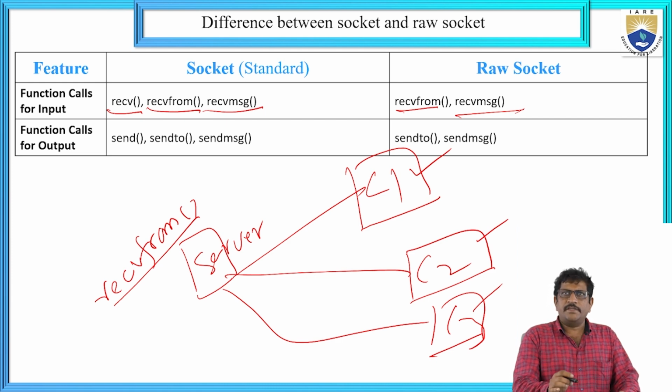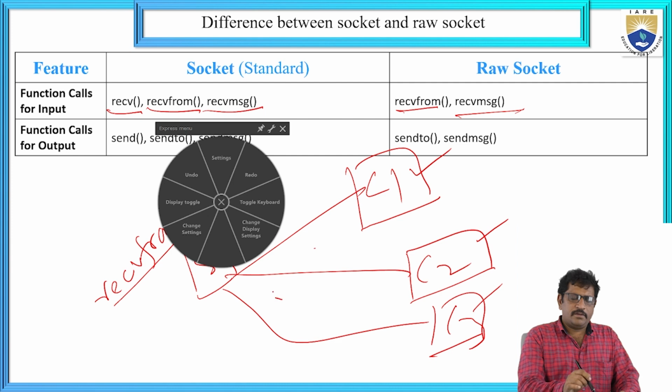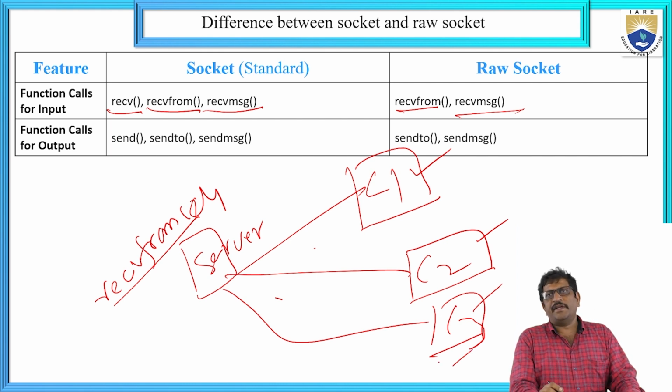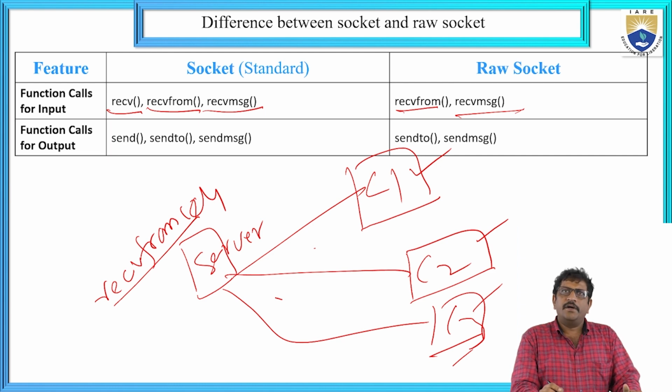That is, receiving from client 1 or client 2 or client 3. A specific device can be specified with the help of the receive from function.